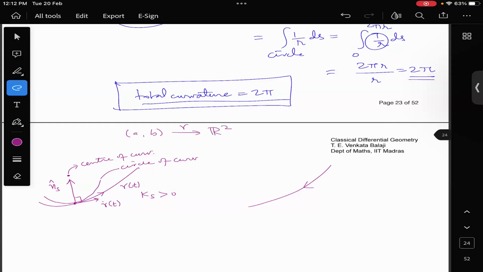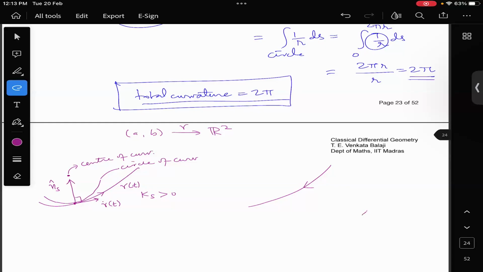If you want to reverse the orientation, you have to go from B to A. So you make an appropriate change of coordinates, so that t varying from A to B becomes something else varying from B to A. That can be done.